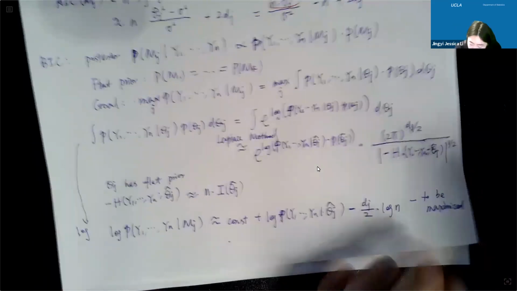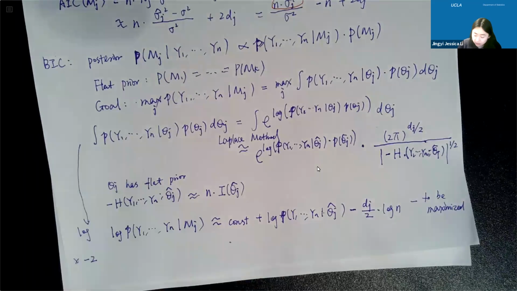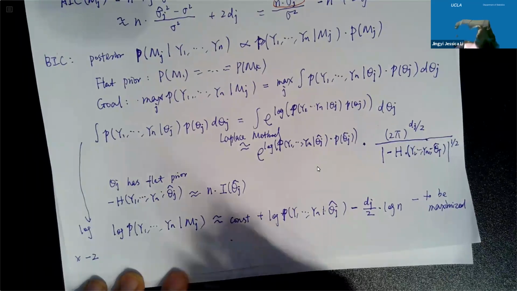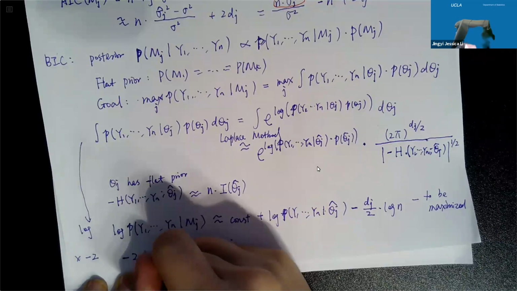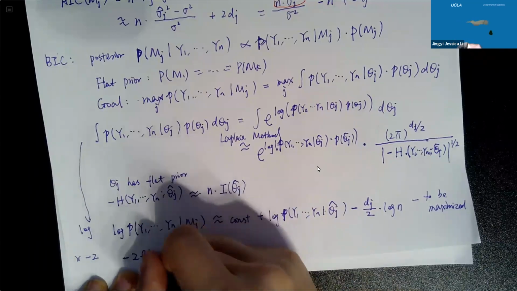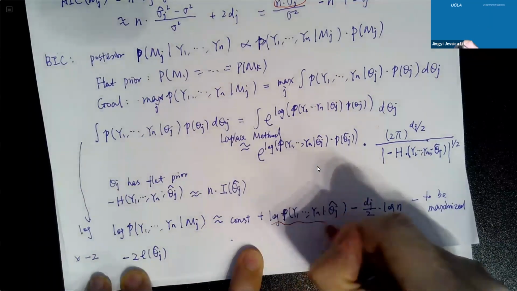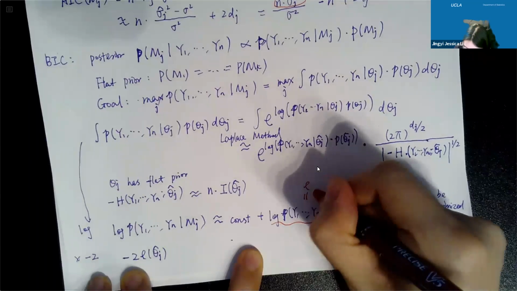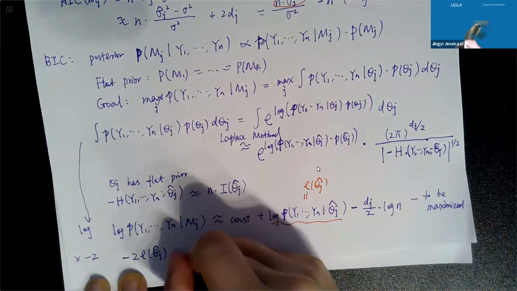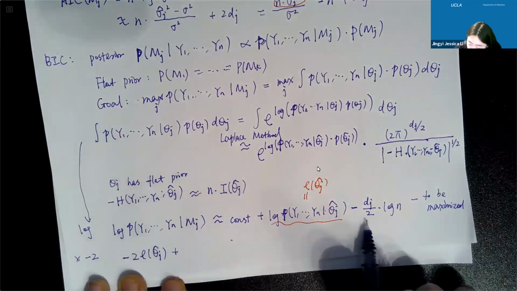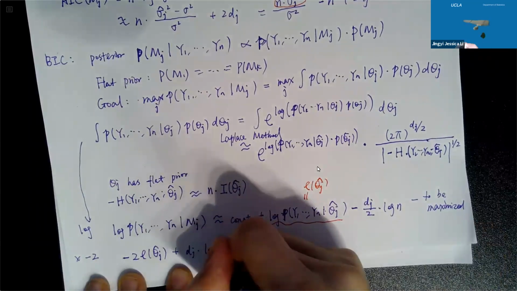And again, if we multiply this by -2, we are going to have the -2 log likelihood at theta j hat. Essentially, this is the -2 log likelihood at the MLE plus, the -2 cancelling the -1/2, dj times log n.